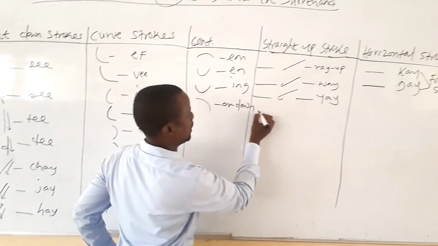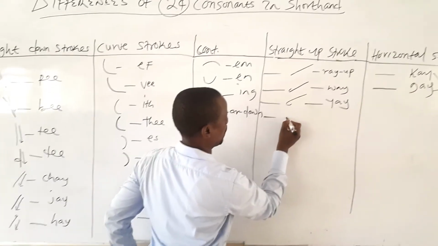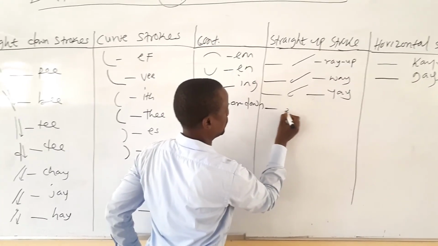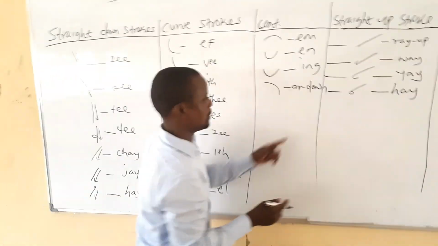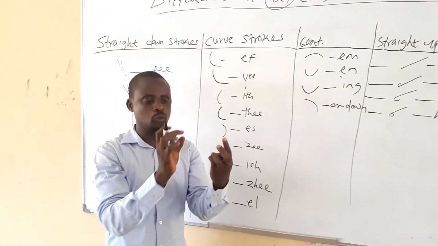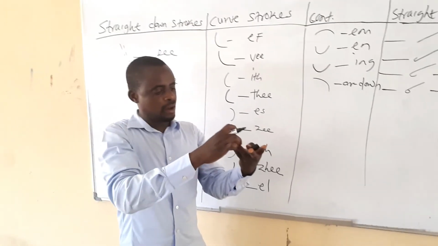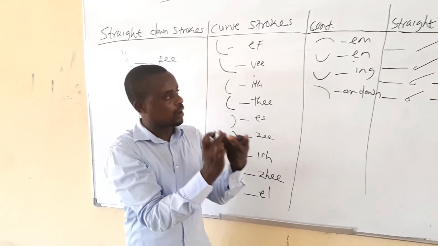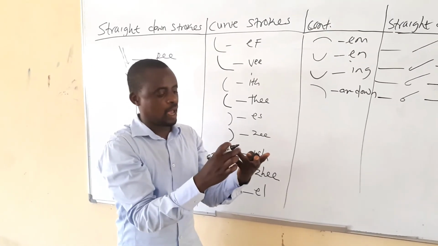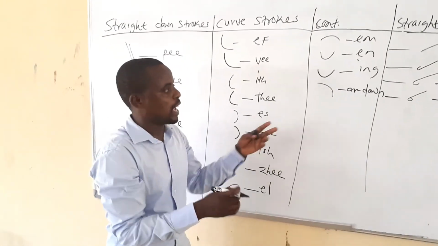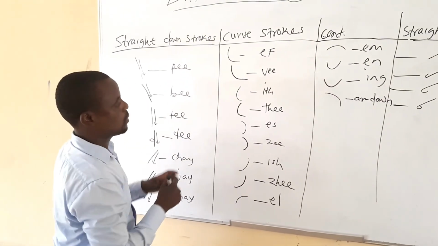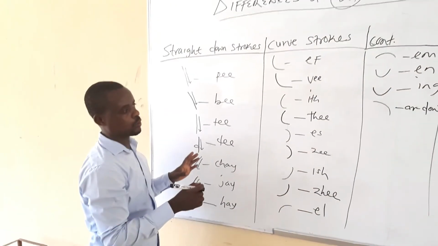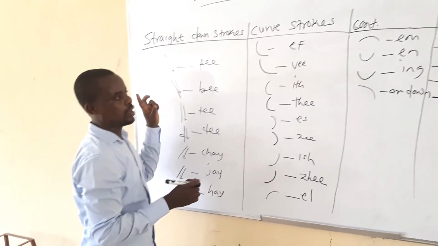This means that here we have another straight up stroke, which is hey off. This means that in shorthand we have two forms of stroke: R down, ray off, hey off, and hey down. So these are the two forms of stroke that we have, H and R.